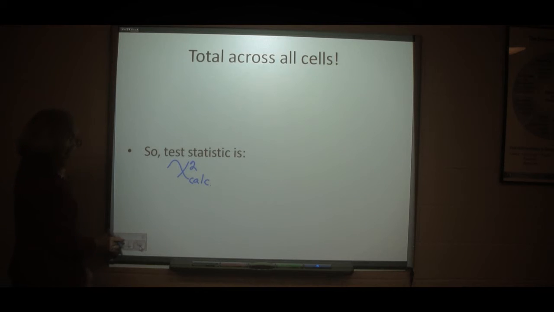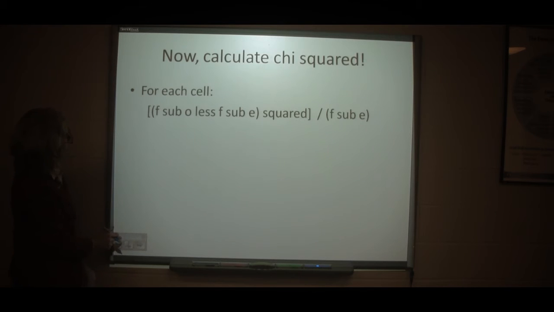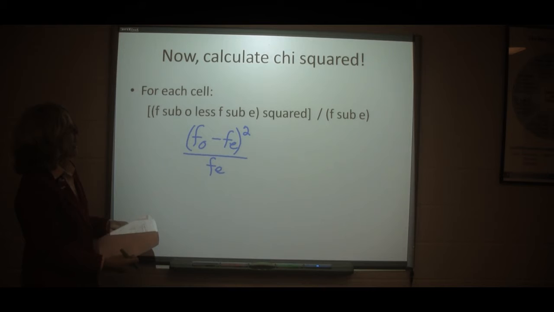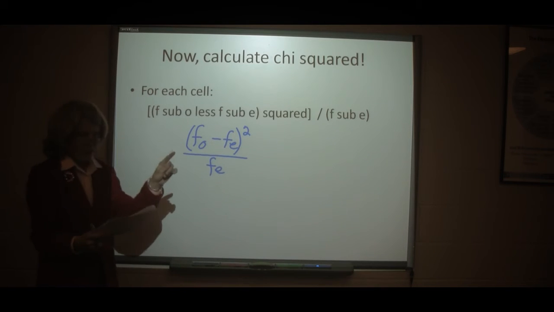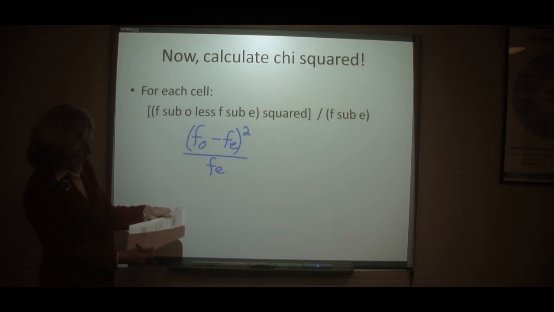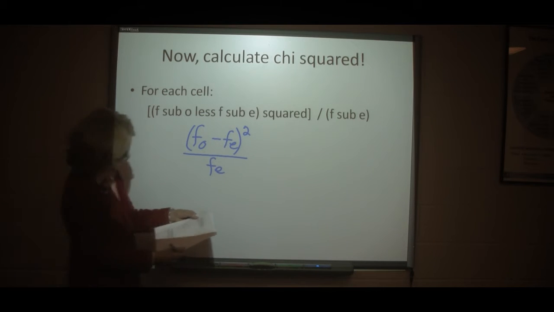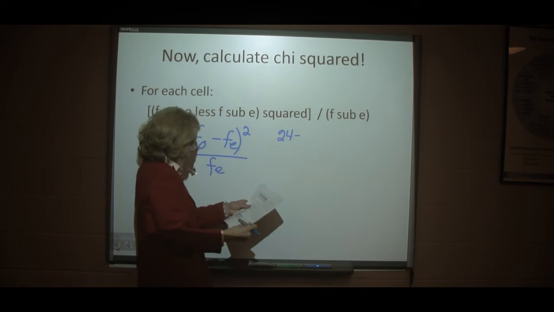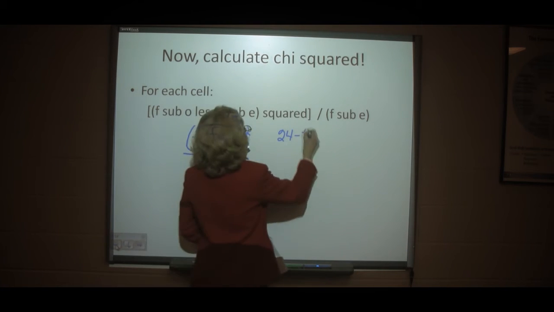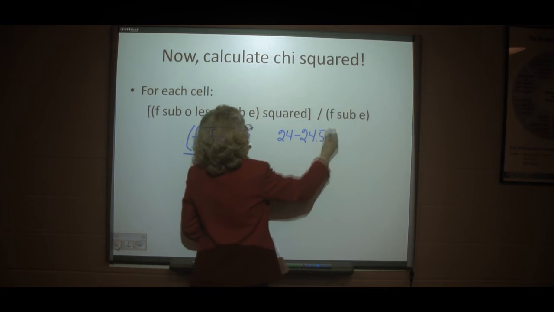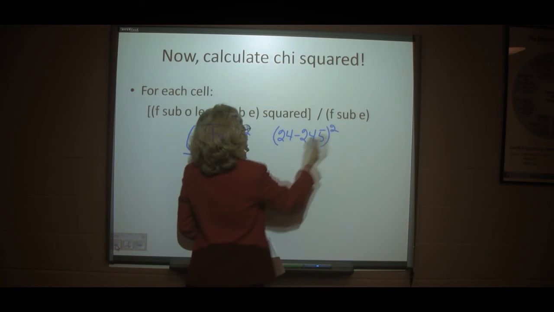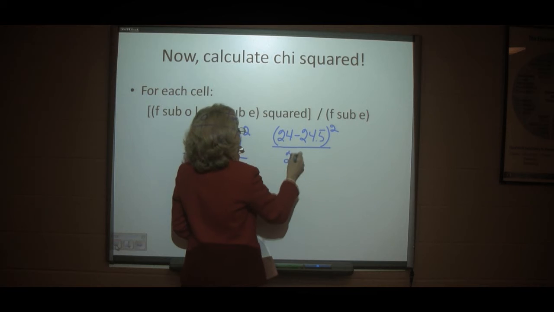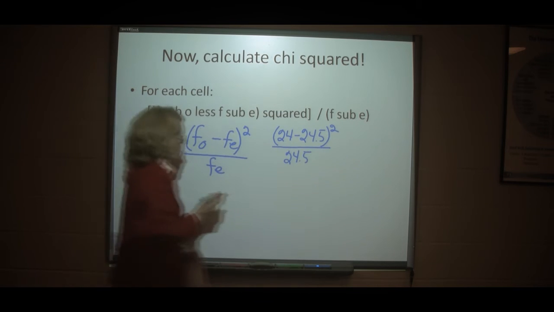Okay? So, let's go back here. Let's take the top left-hand quadrant, and so that is 24 observed. 24 minus the expected is 24.5 squared over 24.5.